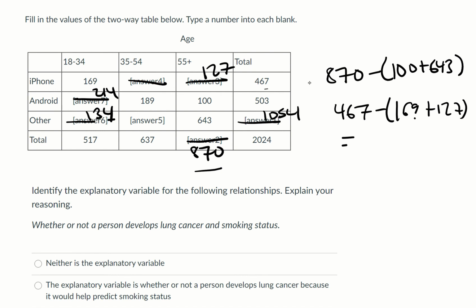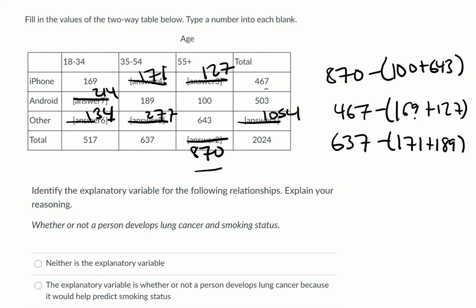So that's 171. And we could figure out 637 equals these two subtracted from that. Okay, so we got 277. So this is 277.